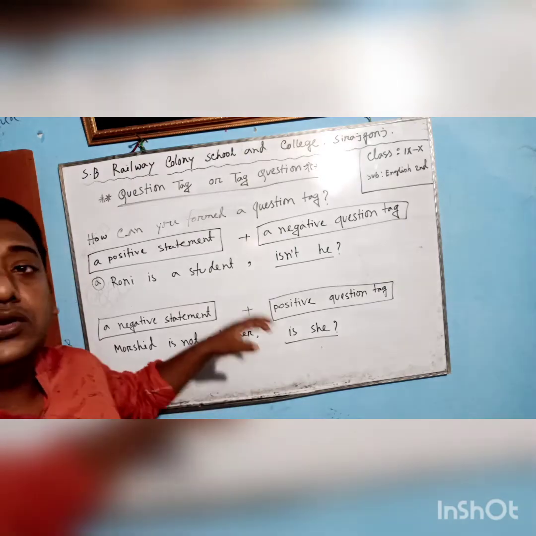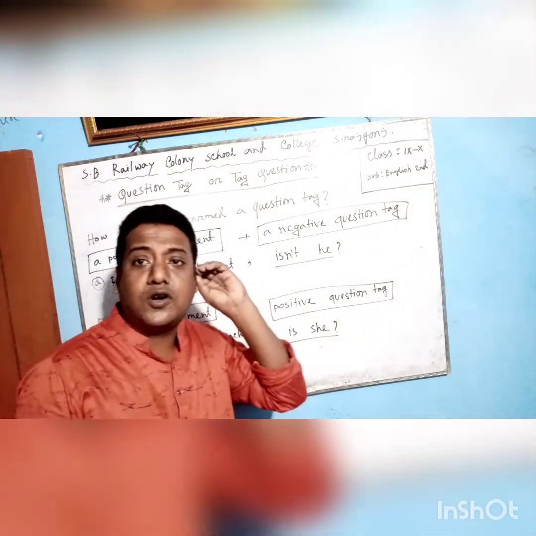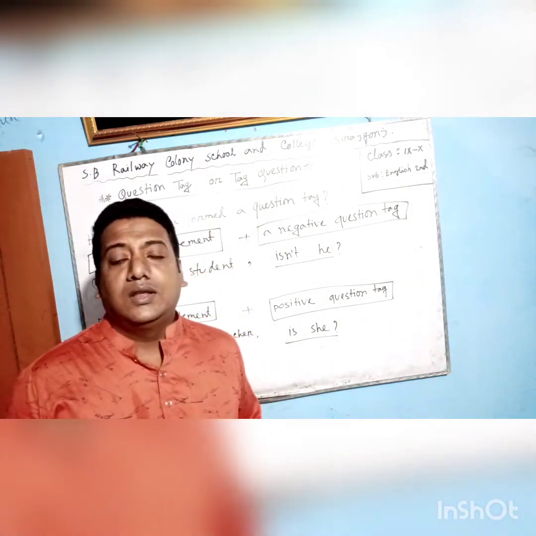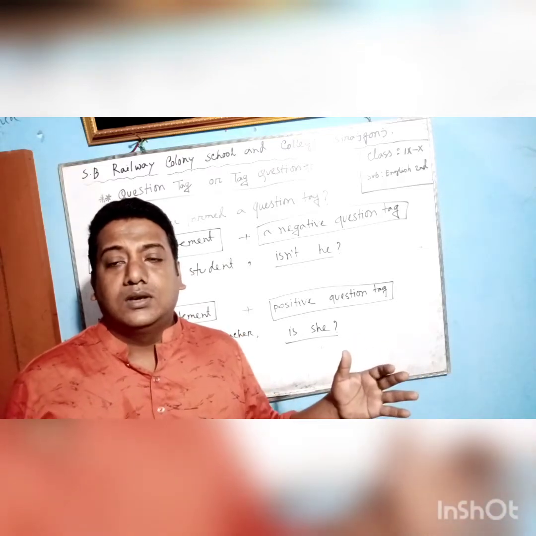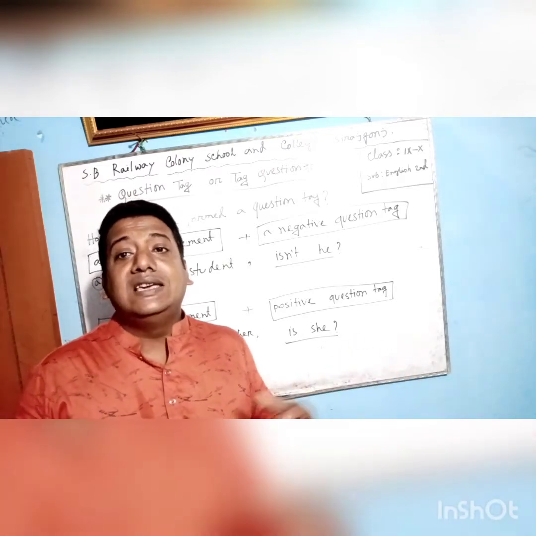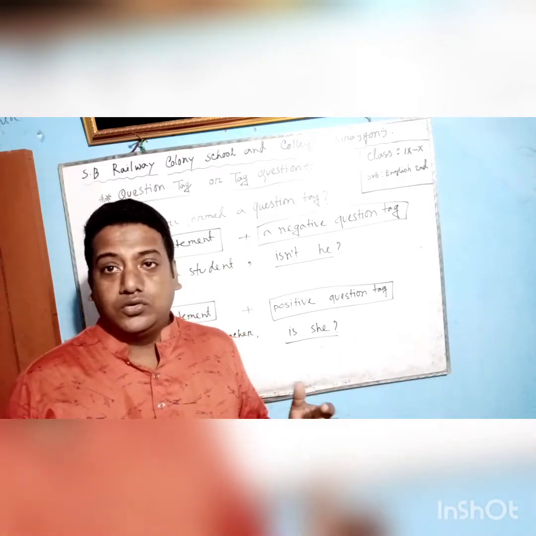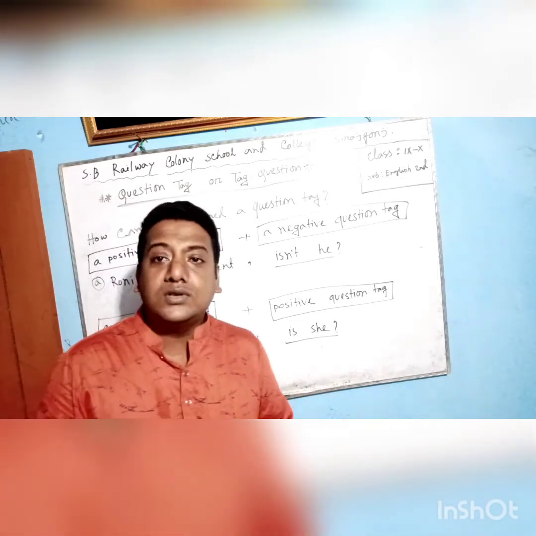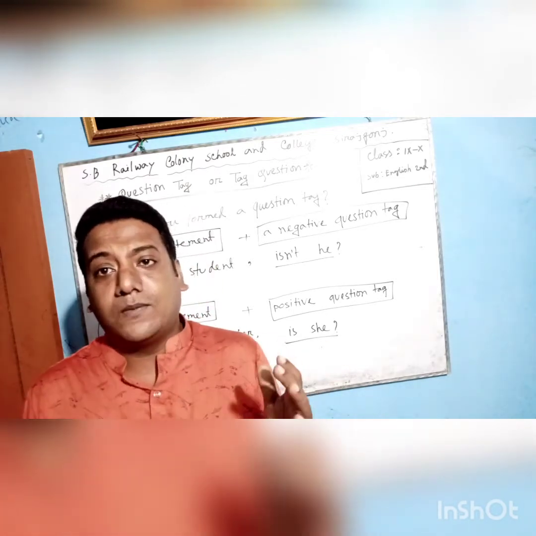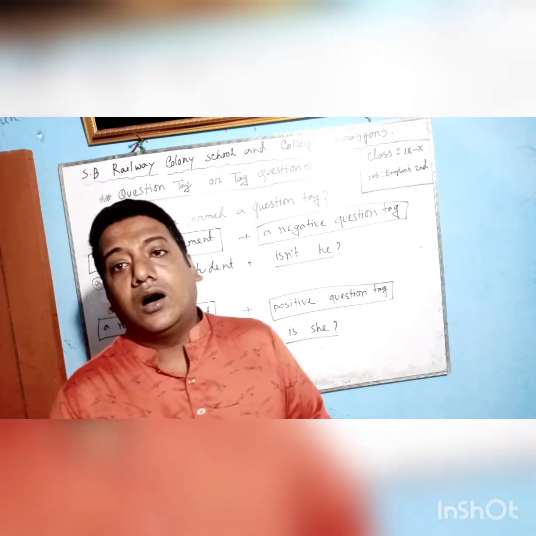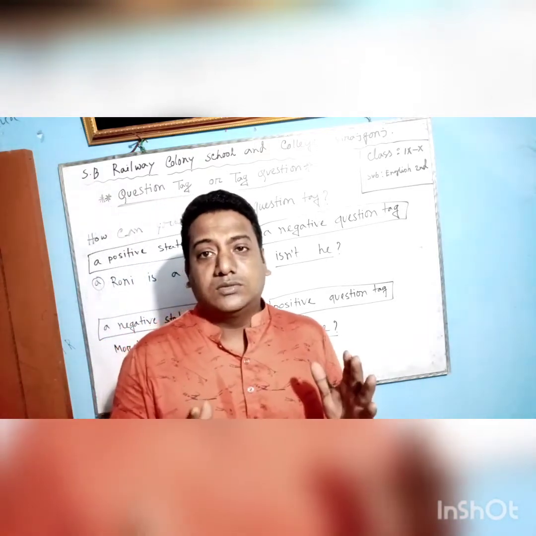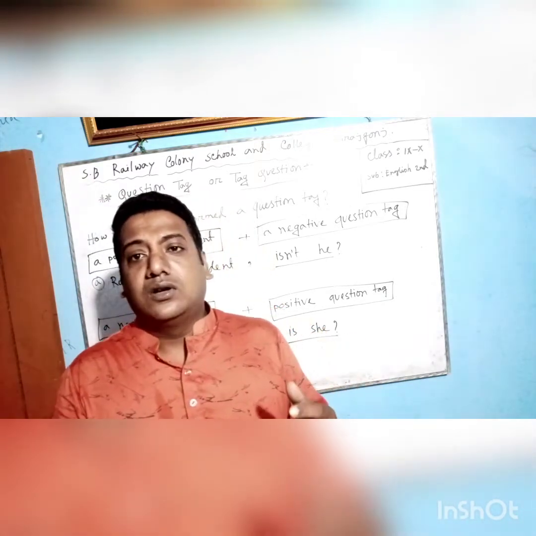But when we use this helping verb, we do not use the long form. What is long form? Is not. We do not use is not. We use the contracted form, shortened form of is not, are not.